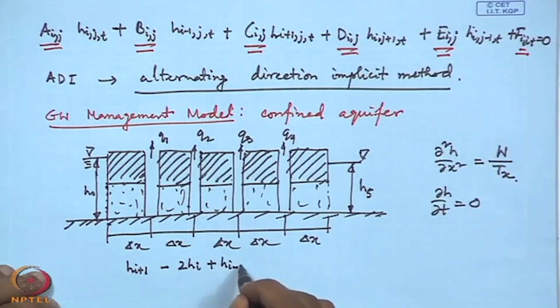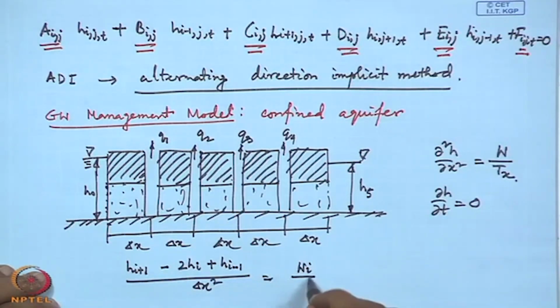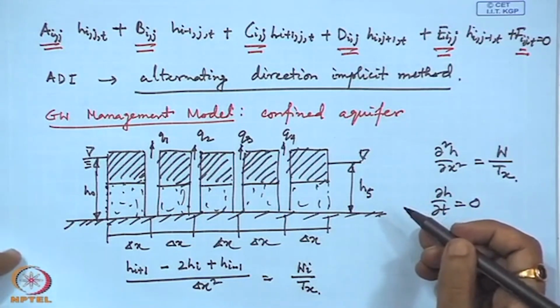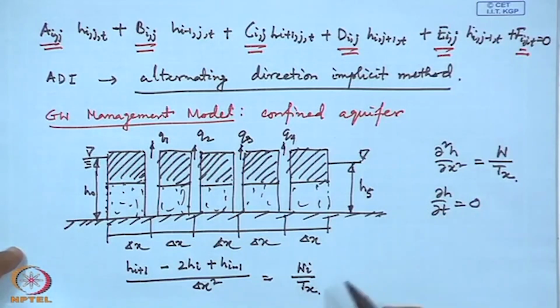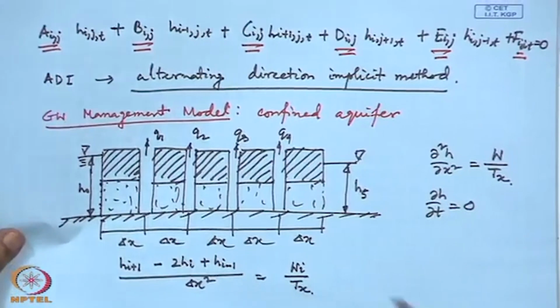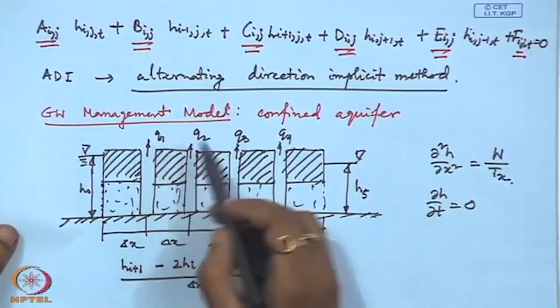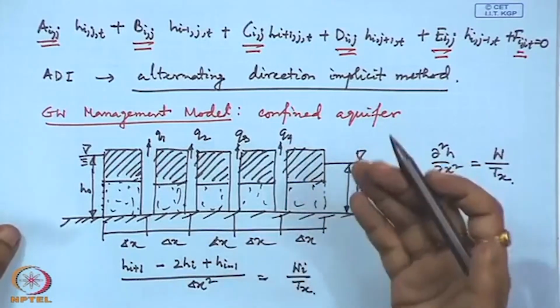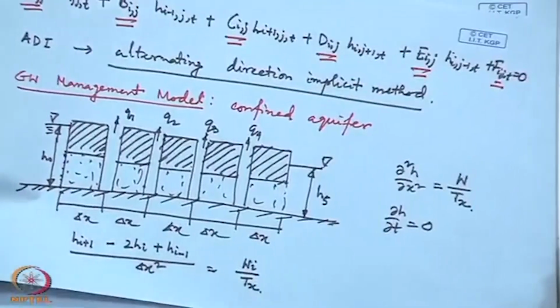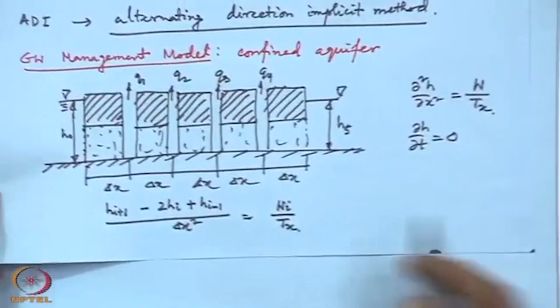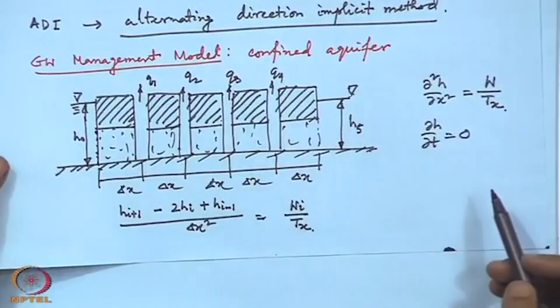For second order finite difference, we will get del x square W I by T x. So, this is the discretized form of governing equation, and we have 1, 2, 3, 4 pumping from this particular aquifer, and this H naught and H 5 are two water levels on left and right hand side.